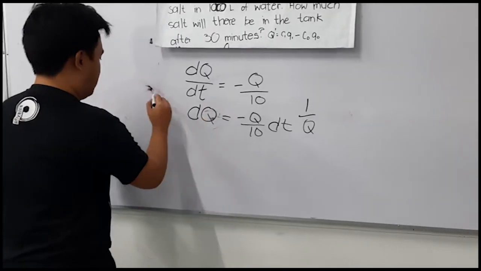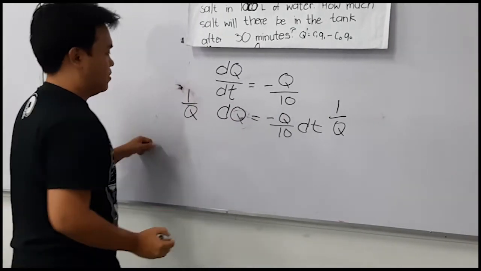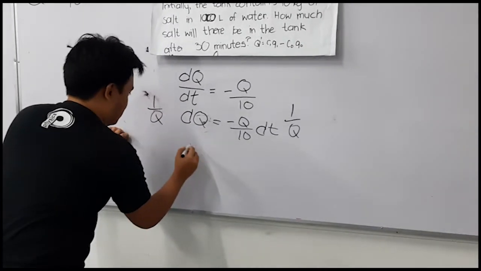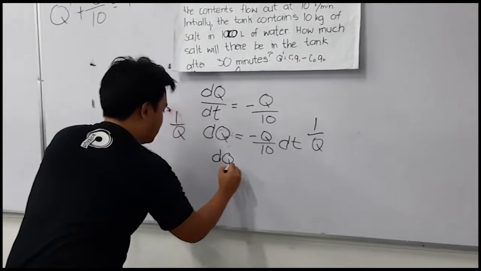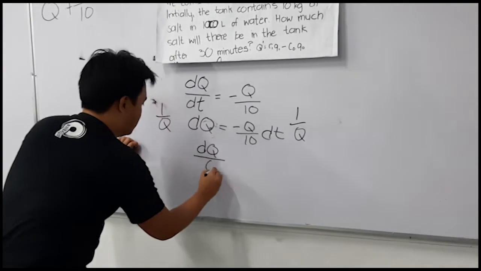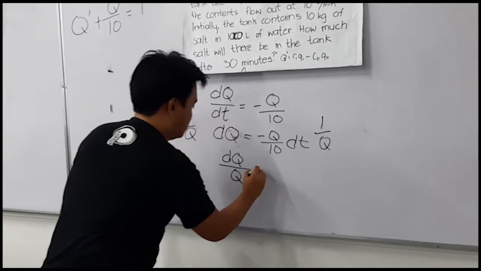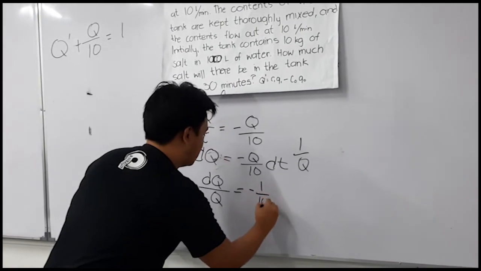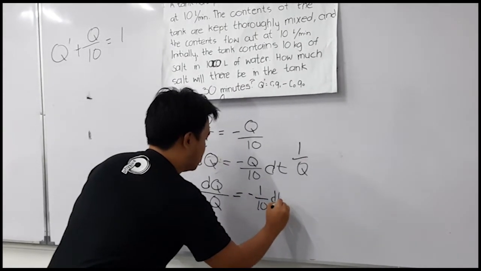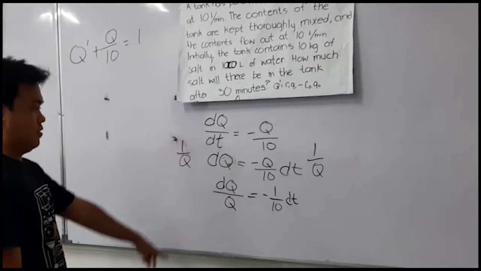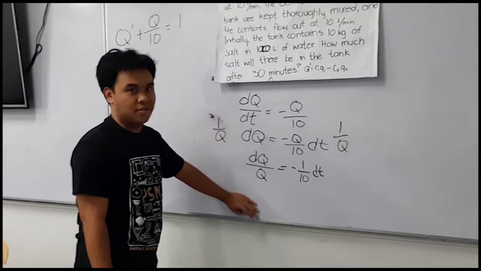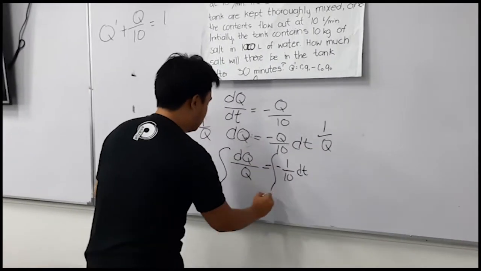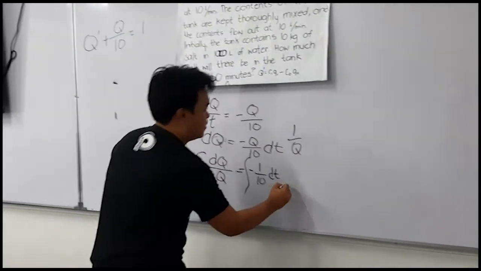Multiplying this by 1 over q will give us dq over q is equal to negative 1 over 10 dt. So, seeing this equation, we can integrate both sides. So, let's continue it here.